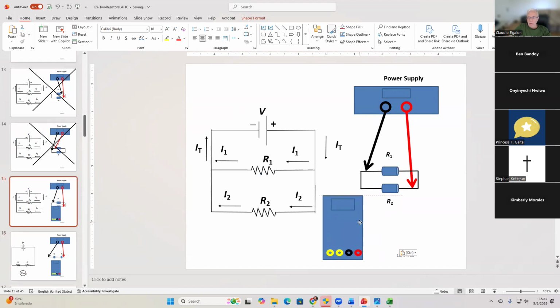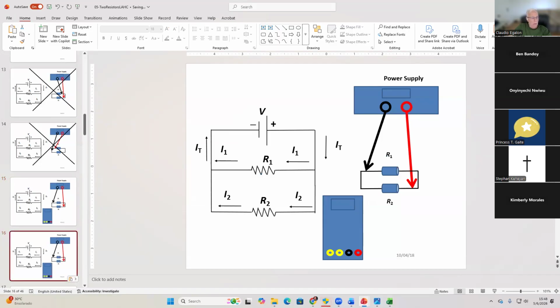Place it right in here. And we are going to measure the potential across each resistor.